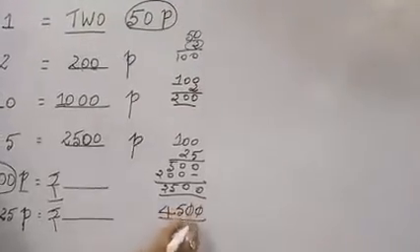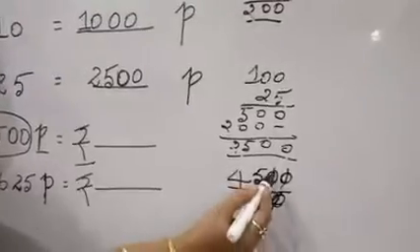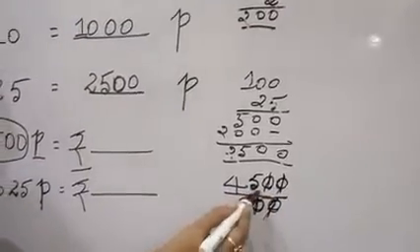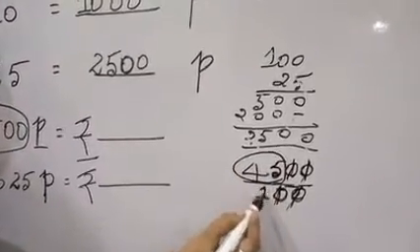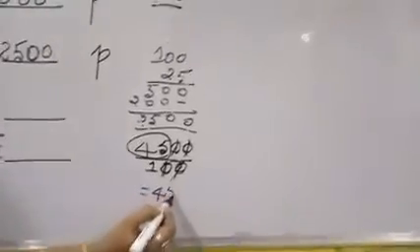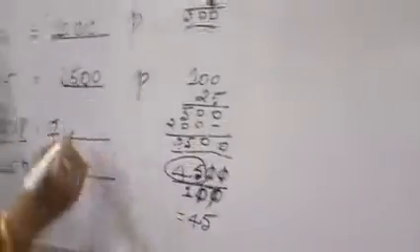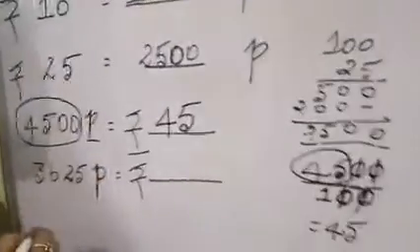So you cut the 2 zeros. Now I get 45 divided by 1. So we can take it as 45.